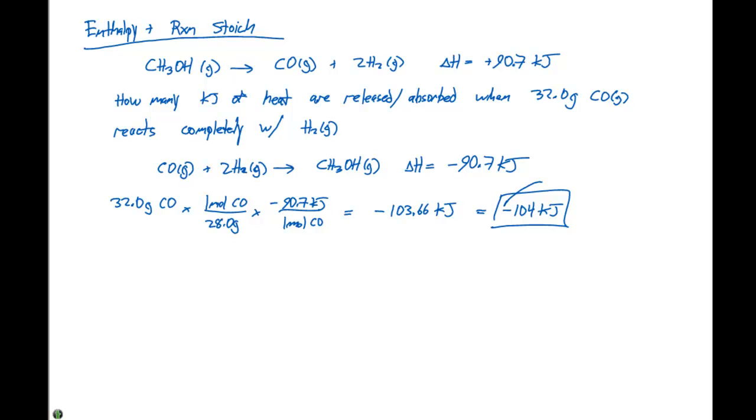And since we have a negative sign, this is energy that's released. So 104 kilojoules of energy is released when 32.0 grams of carbon monoxide reacts completely with hydrogen gas.